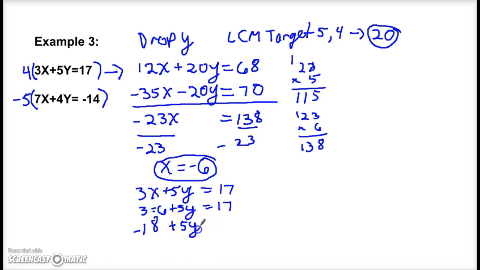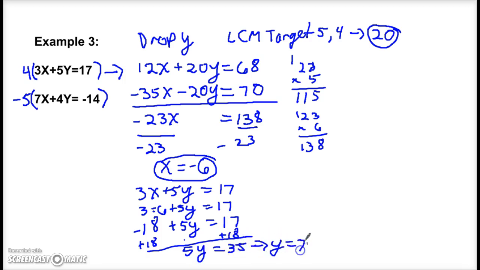So that means if I add 18, I end up with 5y equals 35. So y is 7. So my answer to my problem would be -6, 7.